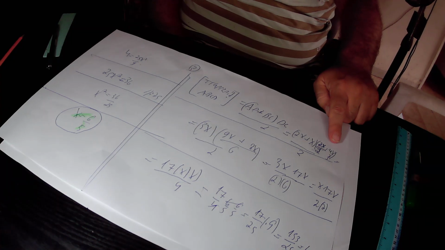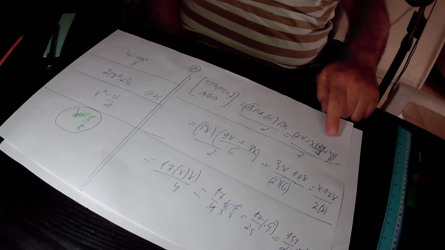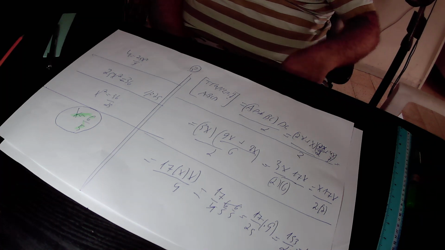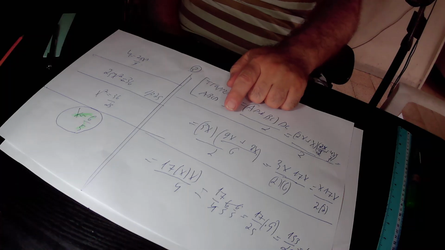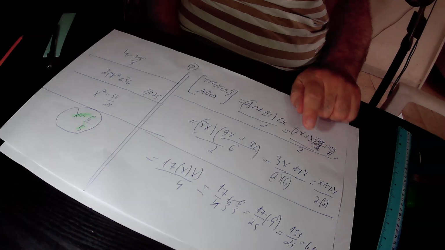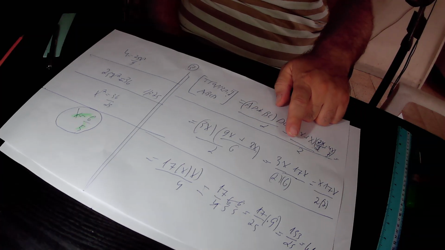Likewise, we multiply this one by 2 and divide by 2, and 2 times 4x is 8x, over 2 times 3, which is 6. So in total, the area of ABCD equals 3x over 2 times, inside the brackets, 9x plus 8x over 6. 9x plus 8x is 17x.